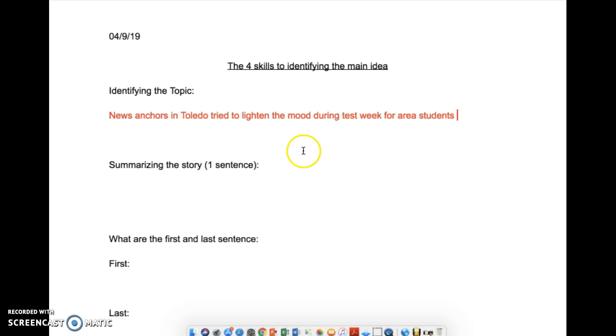But wait, is this maybe the main idea? Or is it identifying the topic? You decide where you want to put it. Summarizing the story.